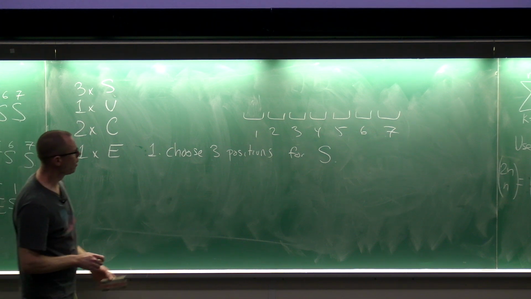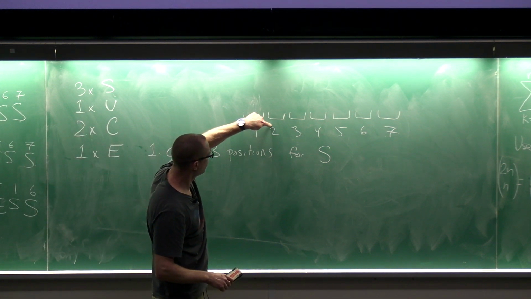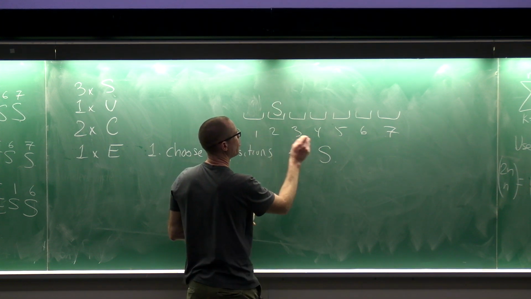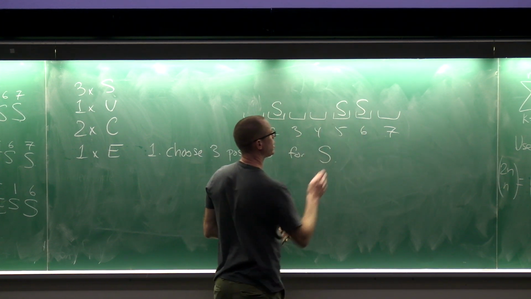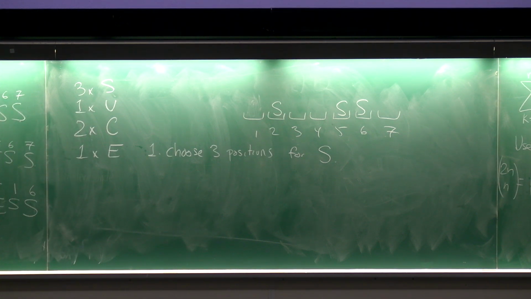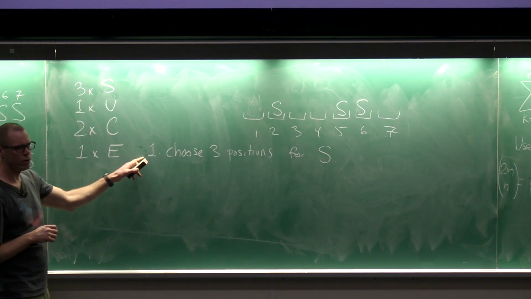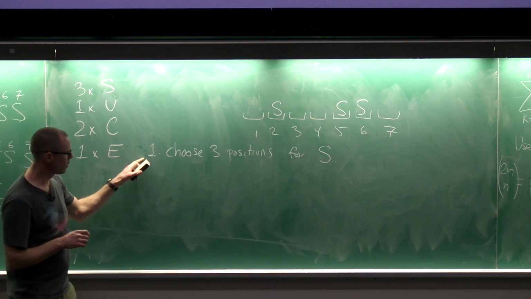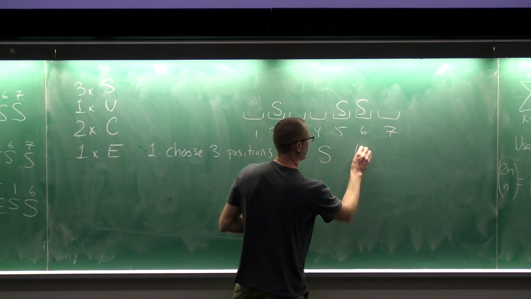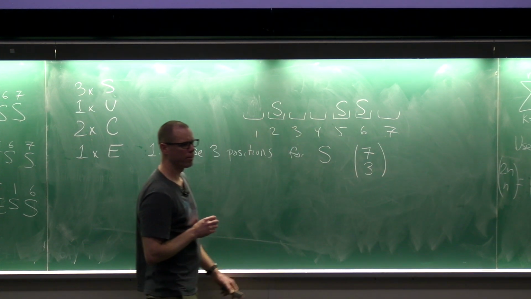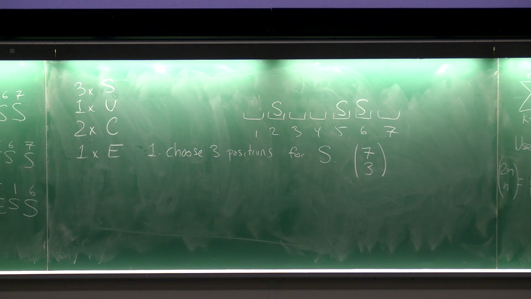I come along here and pick 2, 5, and 6, for example, and say that's where my S's are going to go. Now, how many different ways do I have to do that? Pick 3 out of 7: you get to choose from 7 positions, you choose 3 of them. So what do you think step 2 is?